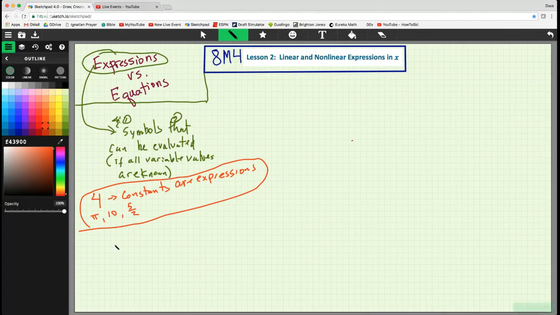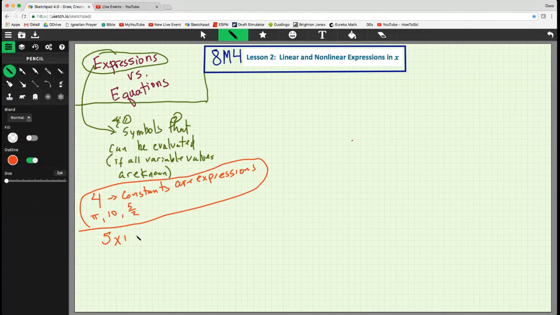Then they can also be a set of symbols that can be evaluated, like 5x. This is a set of symbols, and it can be evaluated if we know the values of x. So if x is 2, then 5x equals 10.